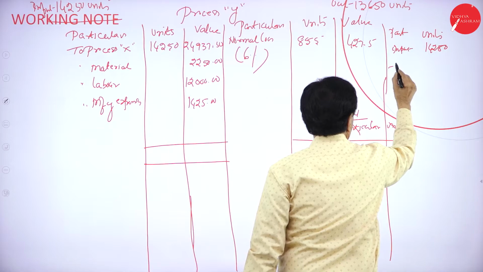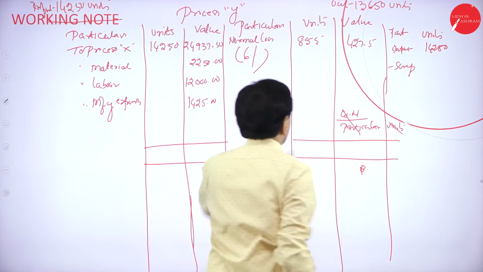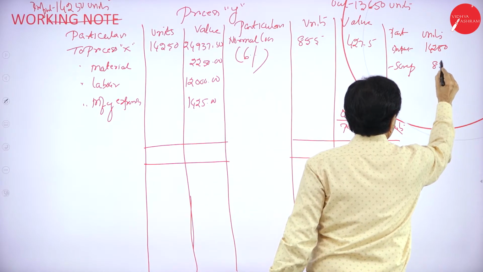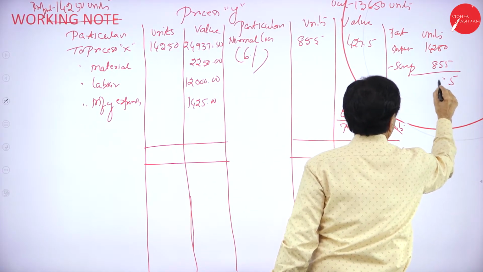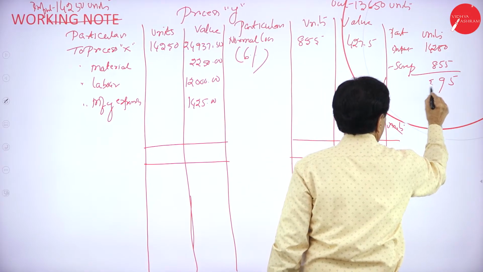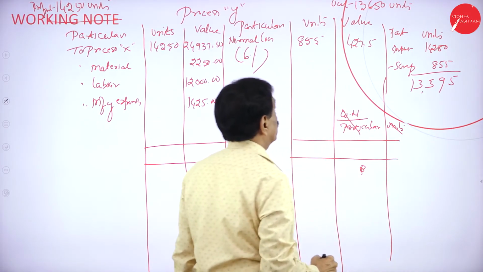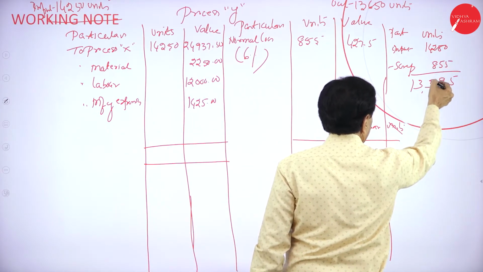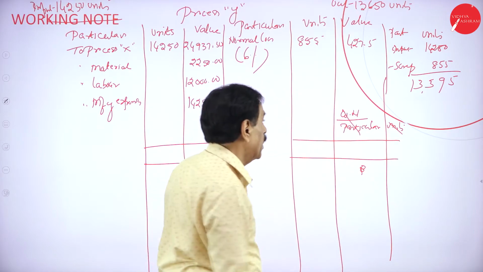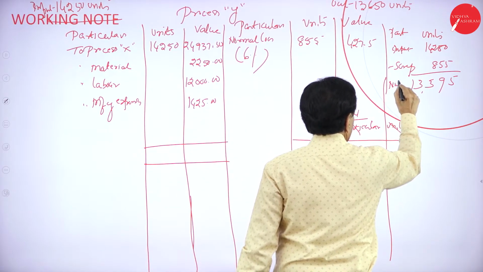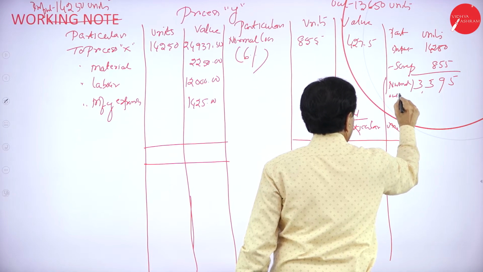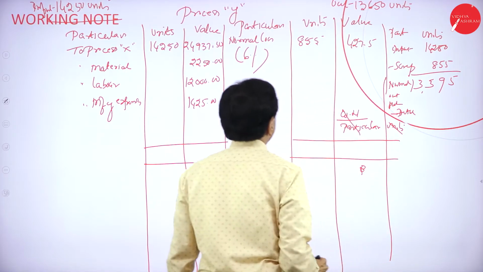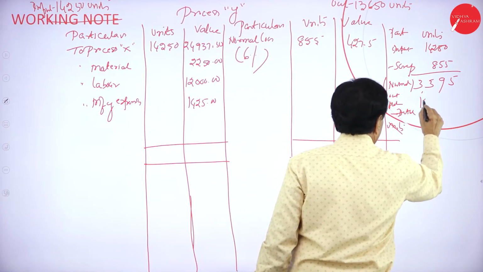Minus scrap, normal loss. What's your normal loss? 855. Deduct, it becomes 13,395. So this is normal output. Normal output minus actual, 13,650.